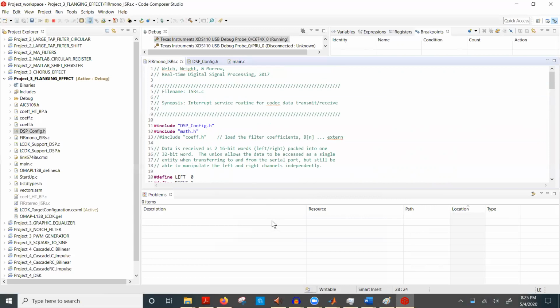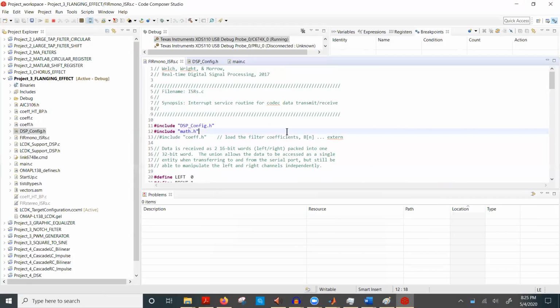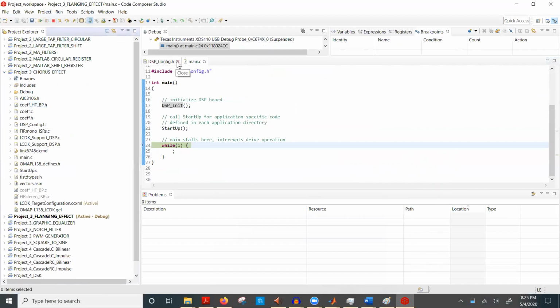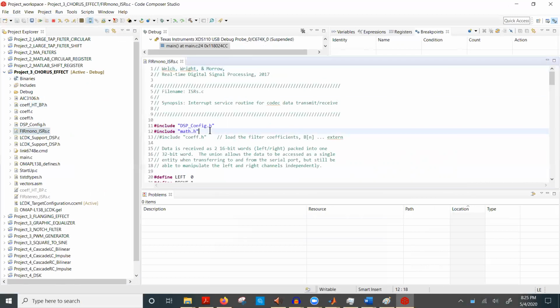Now the chorus effect, if we're going to go ahead and look at the next part real quickly, the chorus effect is basically 3 flanger effects that are added together. So if I look at our chorus effects right here, let me stop this. The chorus effect can be modeled by taking 3 separate flanger effects.